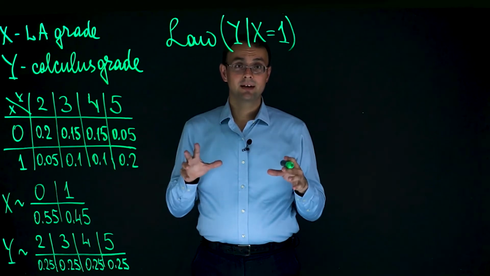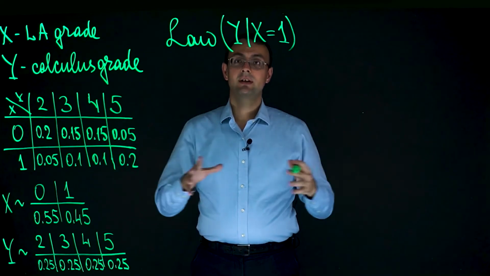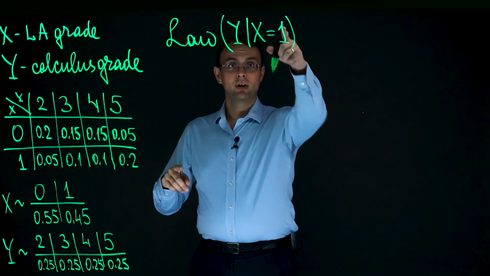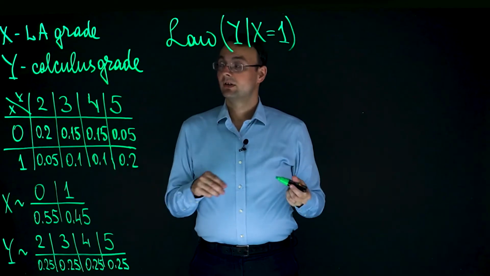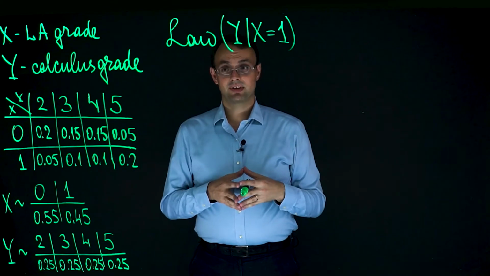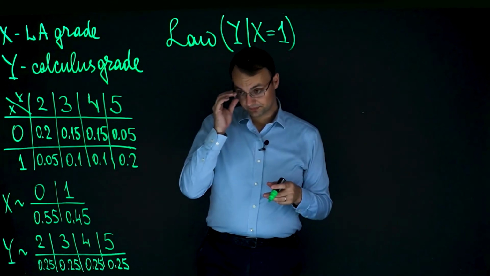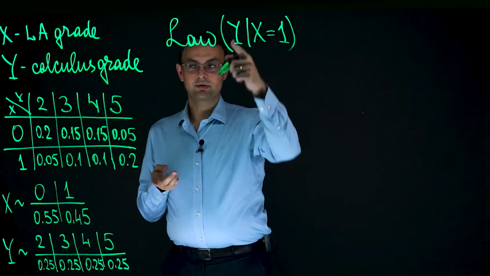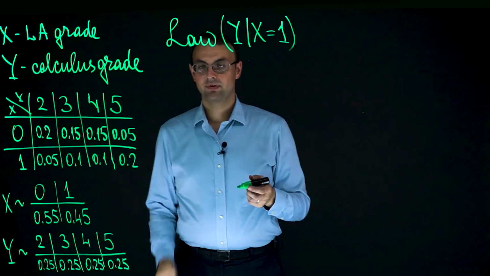So we are choosing students at random, but only out of those who have passed the linear algebra test. So possible values of y are 2, 3, 4, 5.